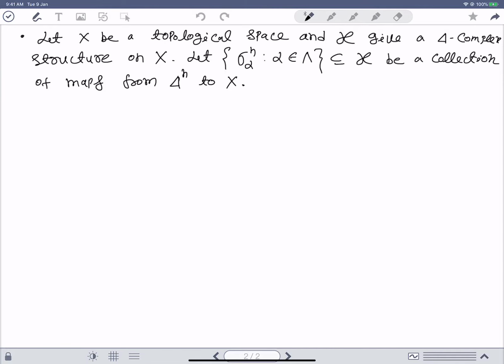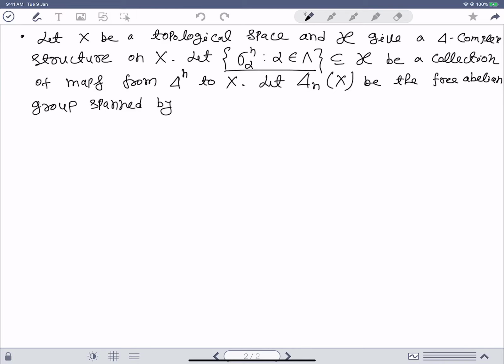Okay, and let now this delta n X be the free abelian group spanned by this set, that is sigma n alpha, where alpha belongs to lambda.